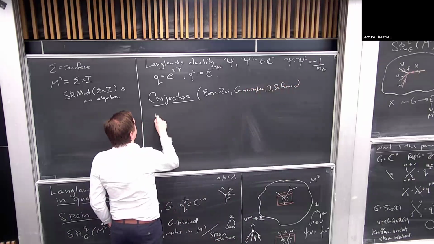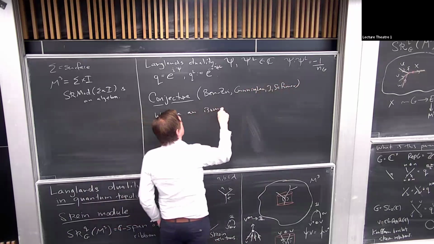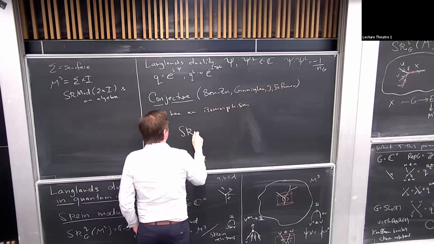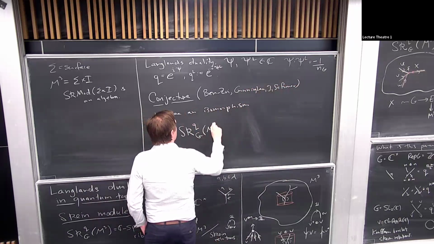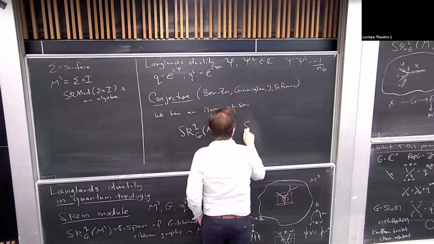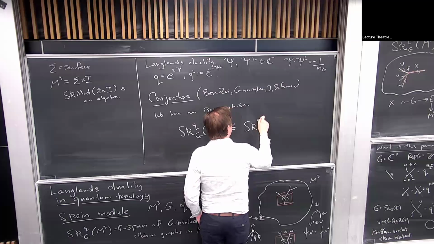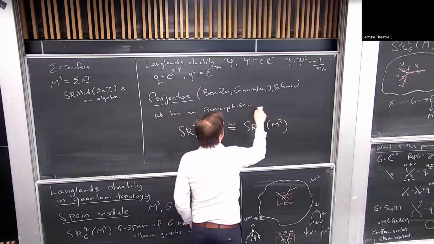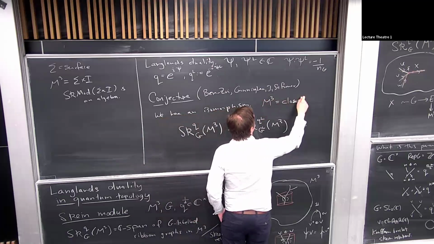We have an isomorphism between the G skein module at q of some three-manifold and the Langlands dual skein module for that same three-manifold. And let me say that M3 here is closed and oriented.